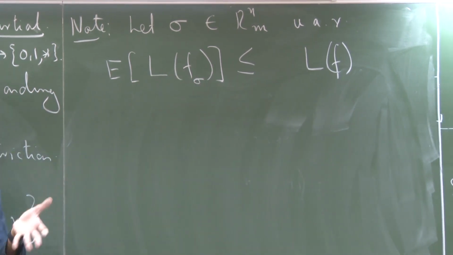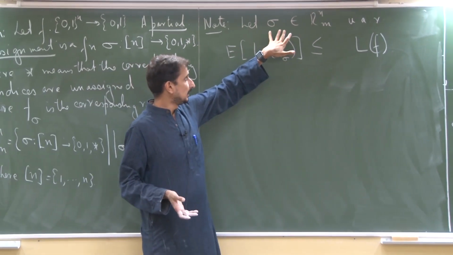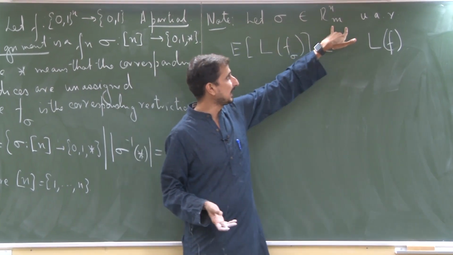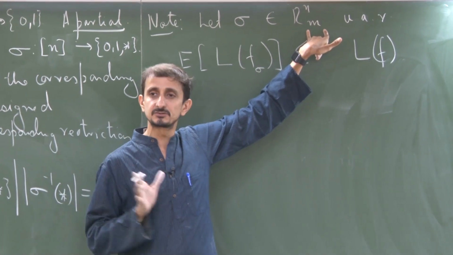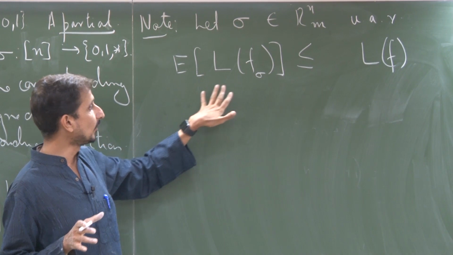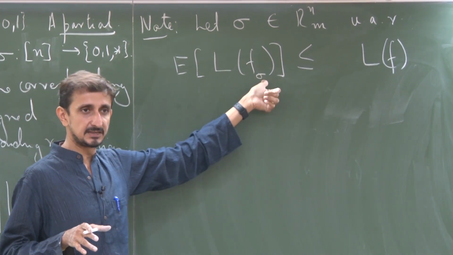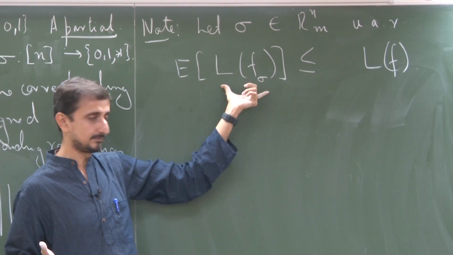If I choose a random restriction, one which keeps m indices unassigned and everything else fixed to either 0 or 1, I get a corresponding function f restricted to sigma, and I am counting the formula size, or the leaf size, of that function.